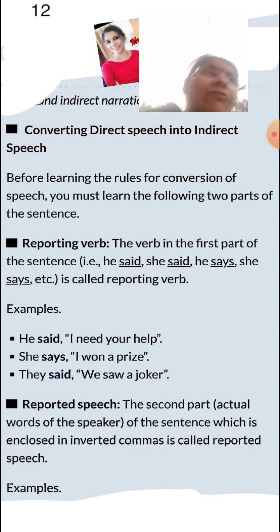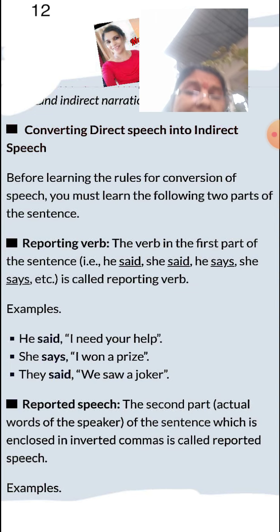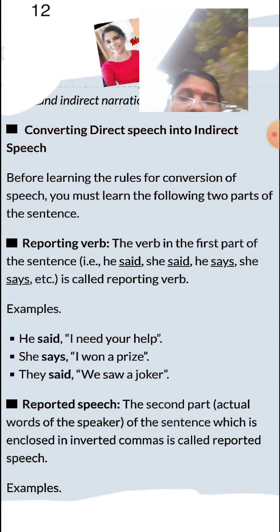What is the reporting verb? She says, he says, she said, he said. This is the reporting verb. He said, "I need your help." She says, "I won a prize." They said, "We saw a joker." Here the reporting verbs are: he said, she says, they said.